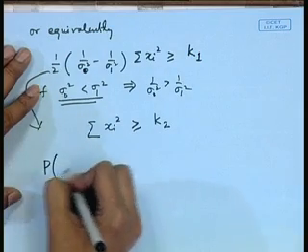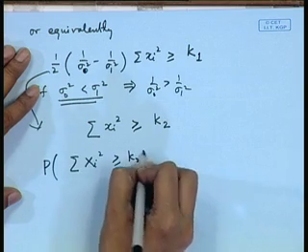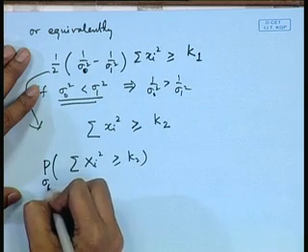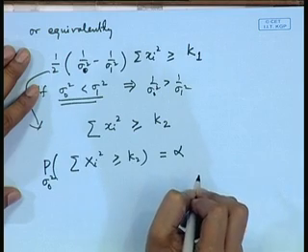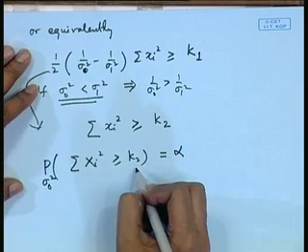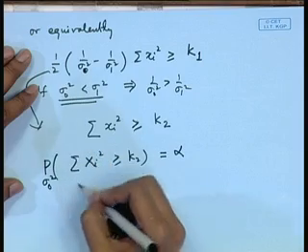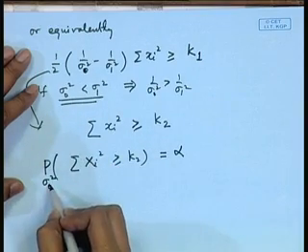So, the condition becomes probability of sigma x_i square greater than or equal to k 2, when sigma square is equal to sigma naught square, is equal to alpha. In order to find out the value of k 2, we need to look at the distribution of sigma x_i square when sigma square is equal to sigma naught square.